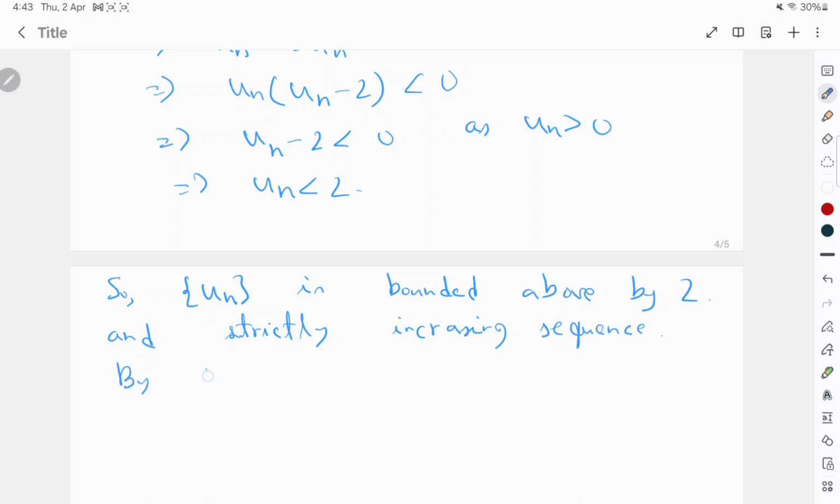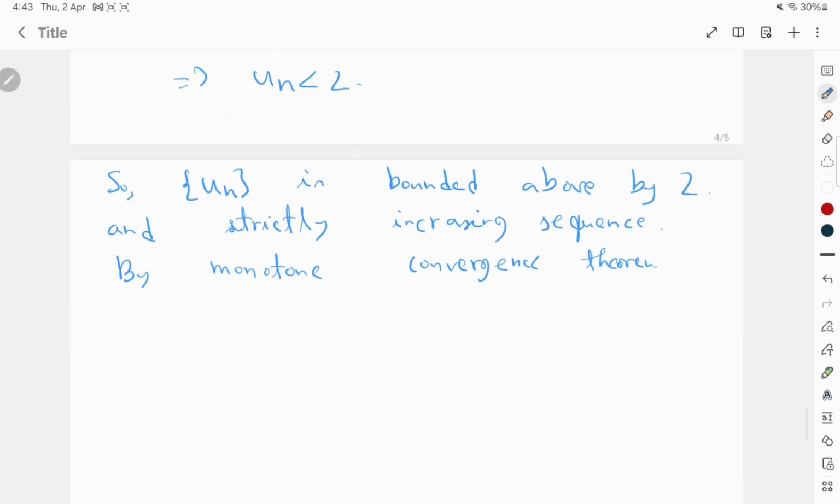So by the monotone convergence theorem, un is convergent.